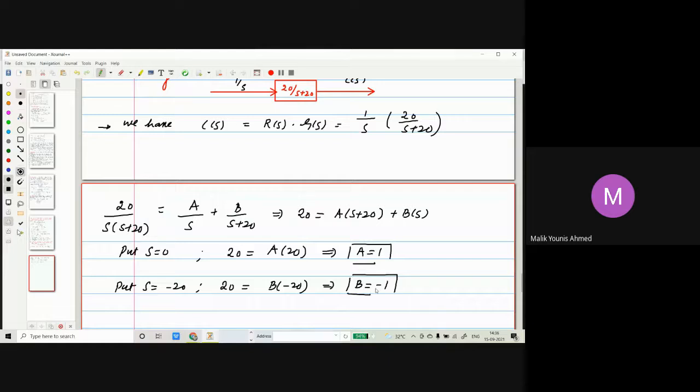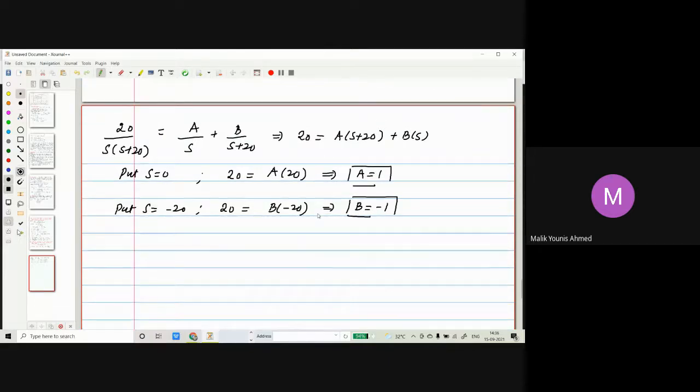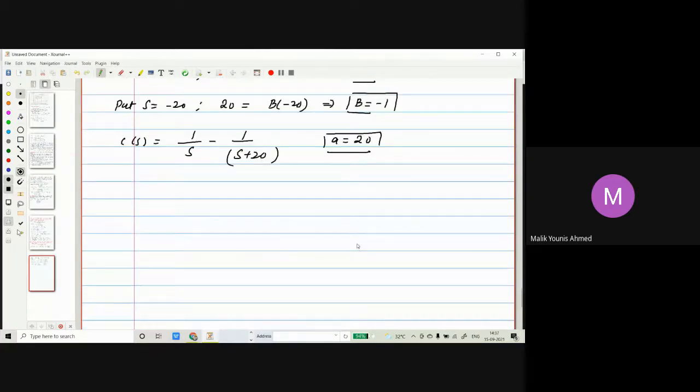Now substituting these values above. So C of S can be written as 1 by S minus 1 by S plus 20. So very clearly A is equal to 20 as per our formula. Okay.